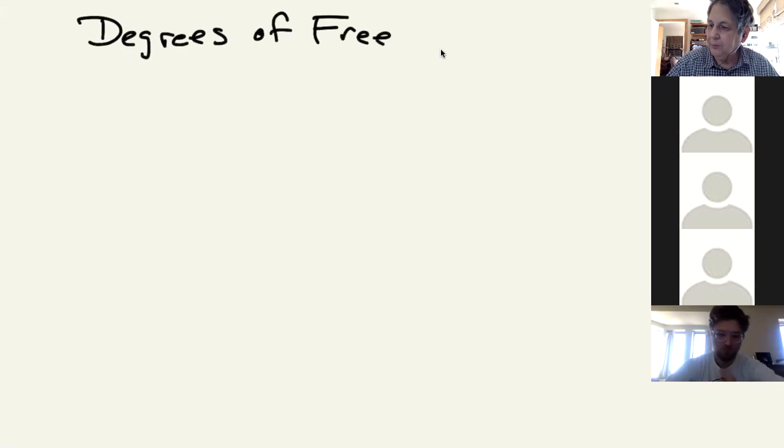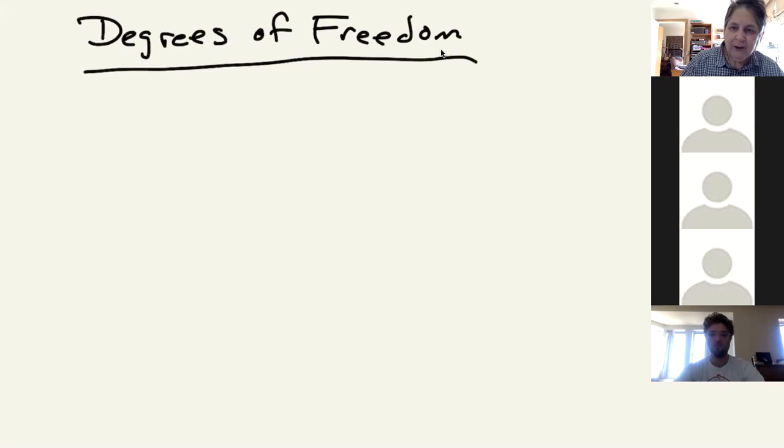Degrees of freedom, you should have this in your notes from yesterday, from Monday, are the number of values free to vary in a group of numbers given certain restrictions on the data. I'll say it one more time. The number of the values that are free to vary within the group of data given certain restrictions on the data. So when we are going to be computing t-scores, we need to know degrees of freedom.